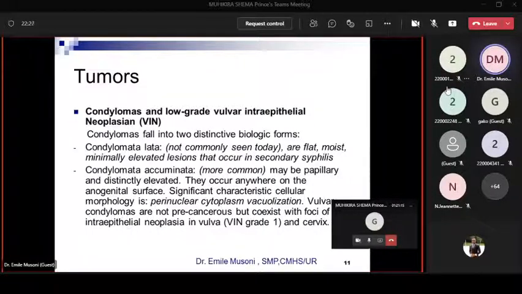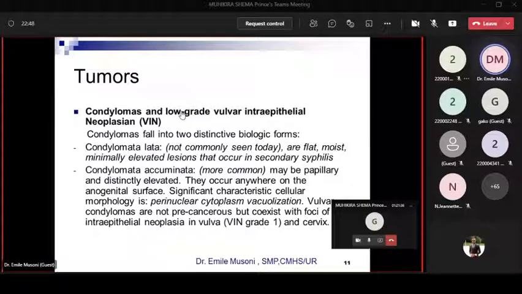This one is very, very common. The precancerous lesion is what we call vulvar intraepithelial neoplasia. It can be graded 1 until 3. At grade 3, it is malignant. But most of the time, the condyloma is benign.